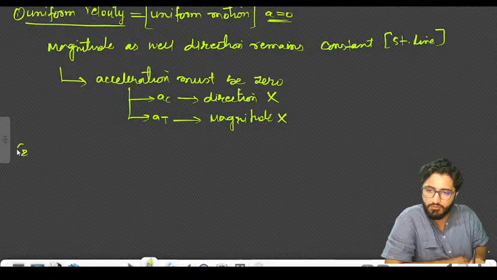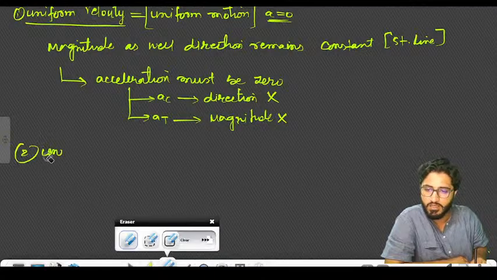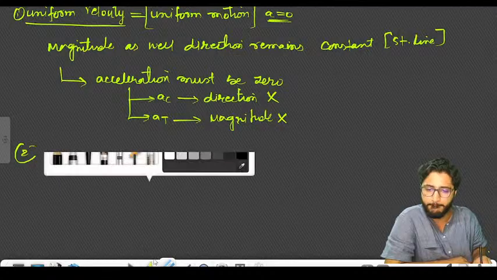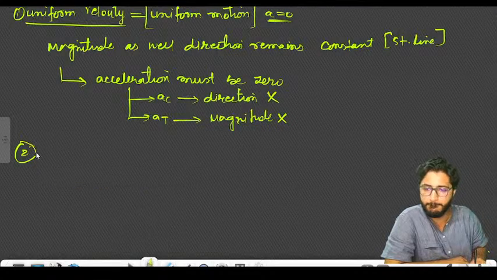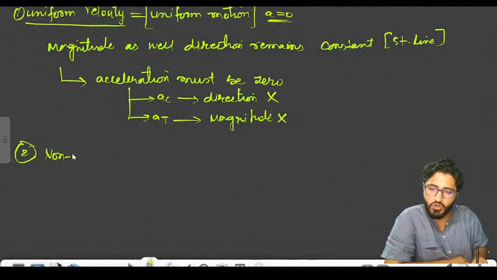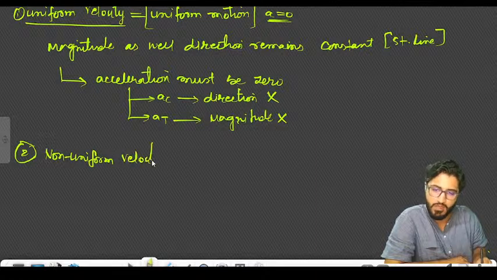Second type of velocity is non-uniform velocity. What is non-uniform velocity?